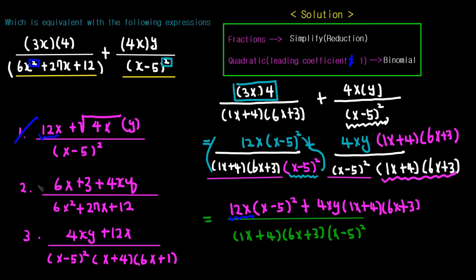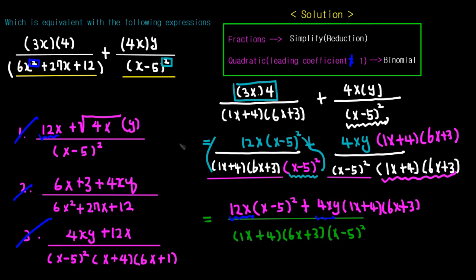And for the second one, they just wrote a term in the denominator, the x minus 5 squared extension, so we can also cancel this out. And number 3 is 4xy plus 12x. They just wrote 4xy times 12x, not the form that we multiplied to keep an equal one. So in this question, there is no answer.